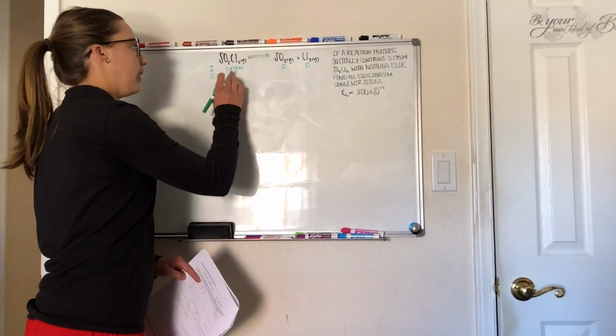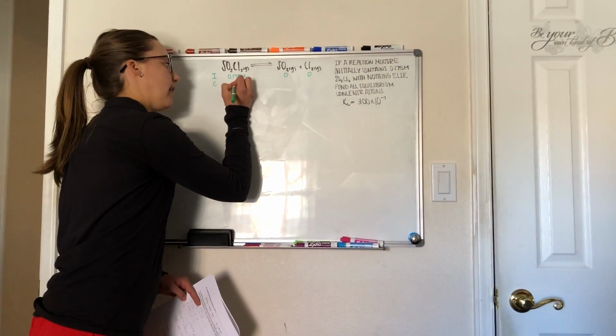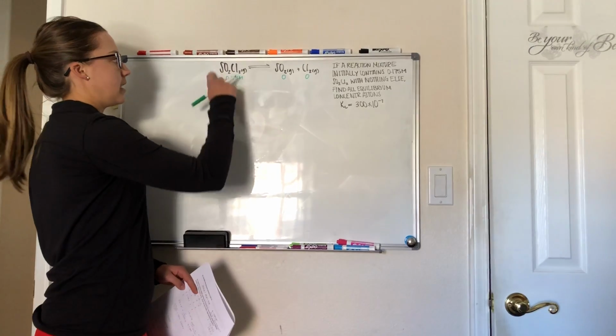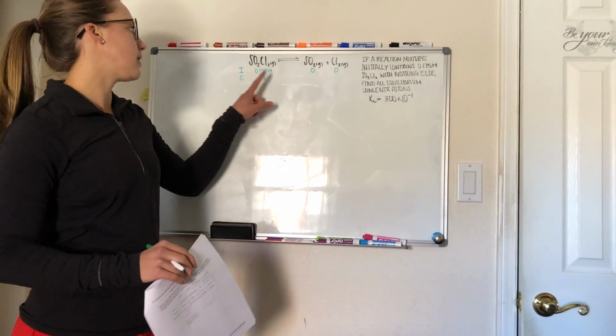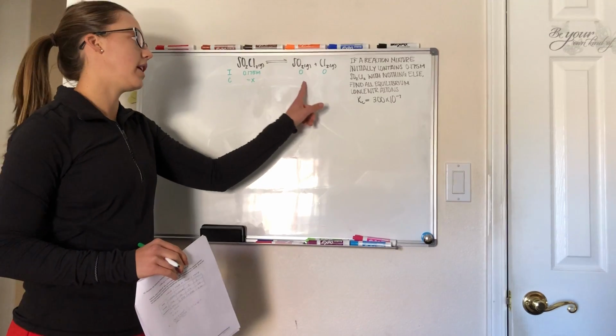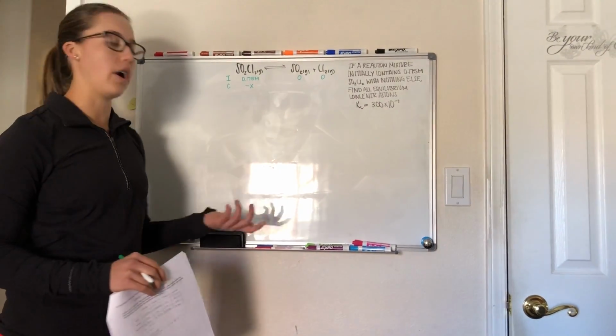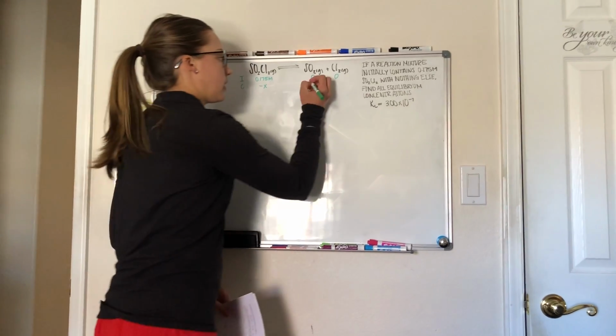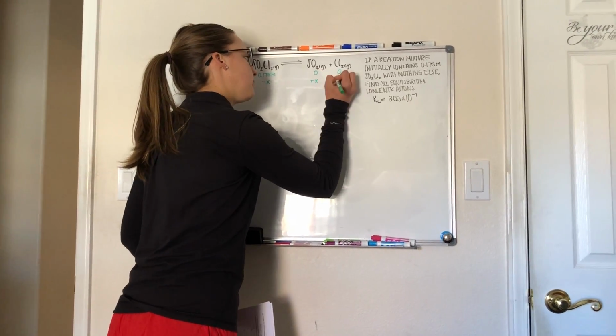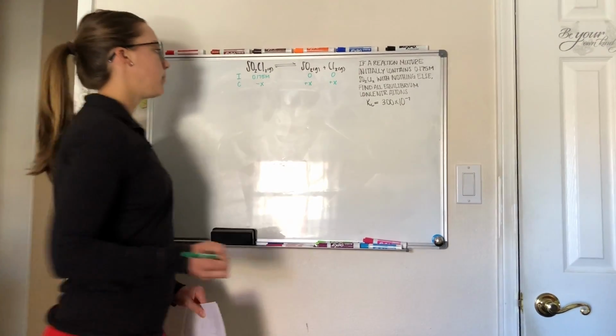So this molarity is going to change by negative x because this is getting used up as it creates these two products. And since this starts at a certain concentration and these start at no concentration, we know that our reaction is going to move to the right. And these are going to change by positive x, because the concentrations of these must go up.